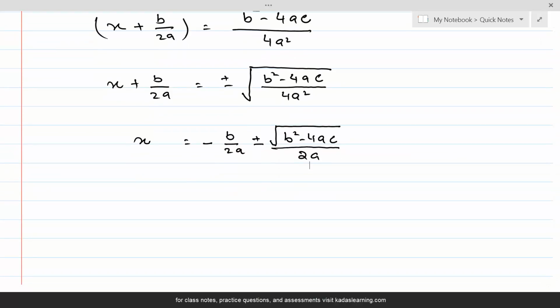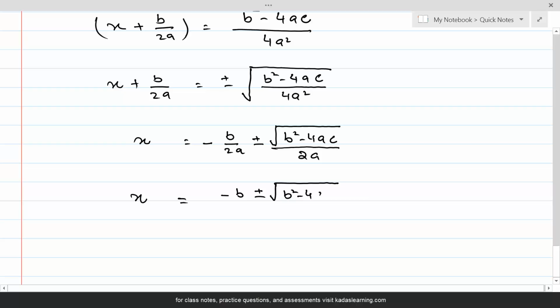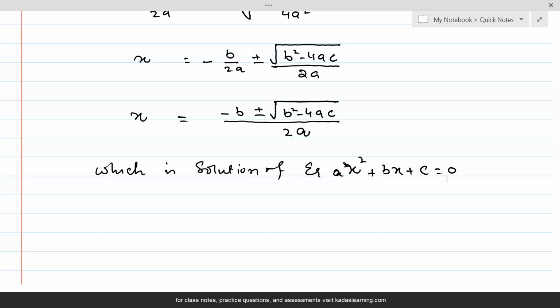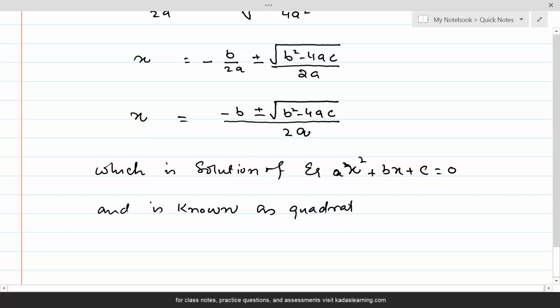On both sides we have the same denominator, therefore by taking LCM this will give us minus b plus minus square root of b square minus 4ac divided by 2a, which is the solution of the equation ax square plus bx plus c equal to 0, and is known as the quadratic formula.